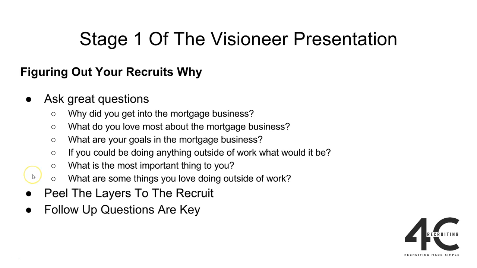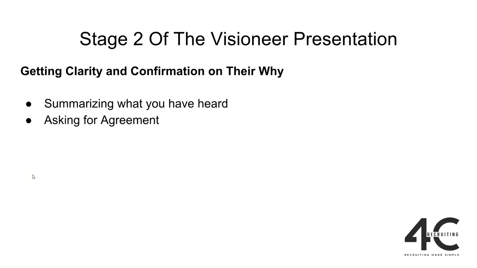Now, once you're at a place where you're able to get clarity for yourself around their why, then I want you to summarize what you just heard. Okay, we're going to ask for agreement on this, and this is so critical, and very, very few people do this. Here's why it's critical. A lot of times we hear things through our own lens, and not everyone is a natural good listener.